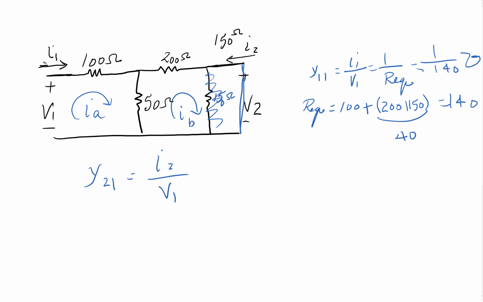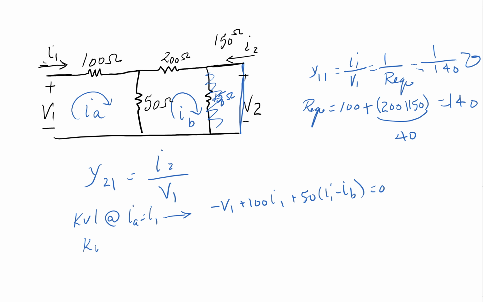So we're going to do a KVL at IA, which is equal to I1, and that basically gives us minus V1 plus 100 I1 plus 50 (I1 minus IB) equal to 0. And then we do a KVL at IB, and that tells us 50 (IB minus I1) plus 200 IB equals 0. Great.